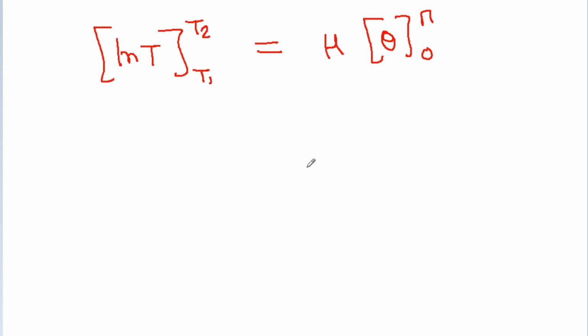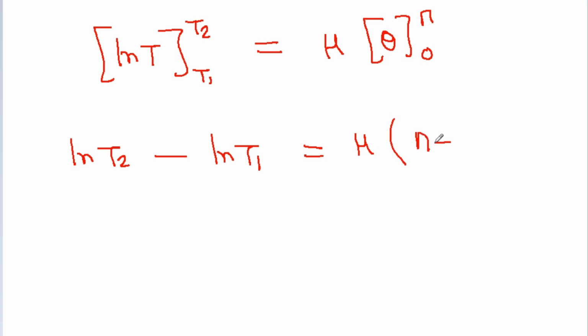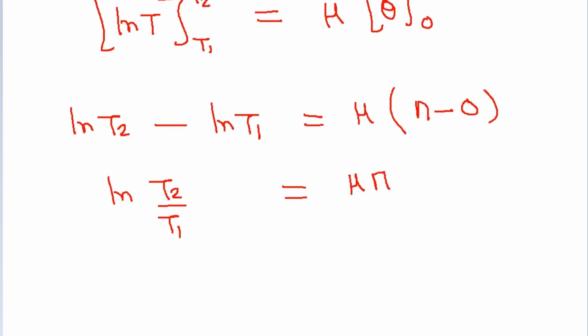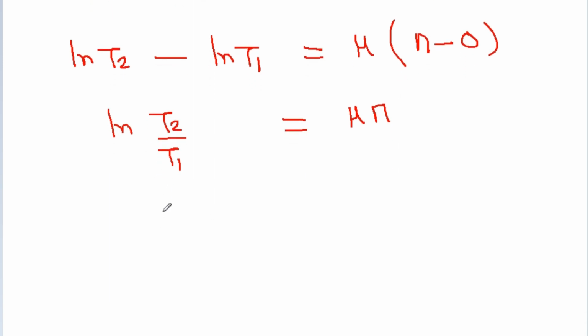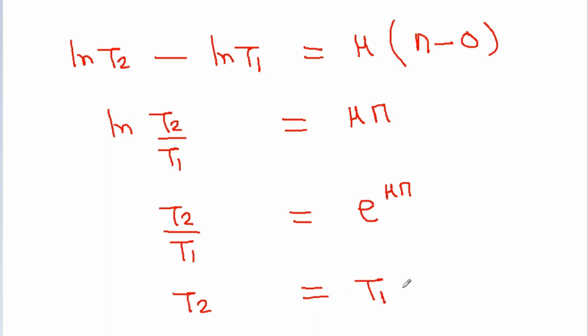We get ln T2 minus ln T1 is equal to mu times pi minus 0, so ln T2 by T1 is equal to mu pi, and it is T2 by T1 is equal to e power mu pi, or T2 is equal to T1 times e power mu pi.